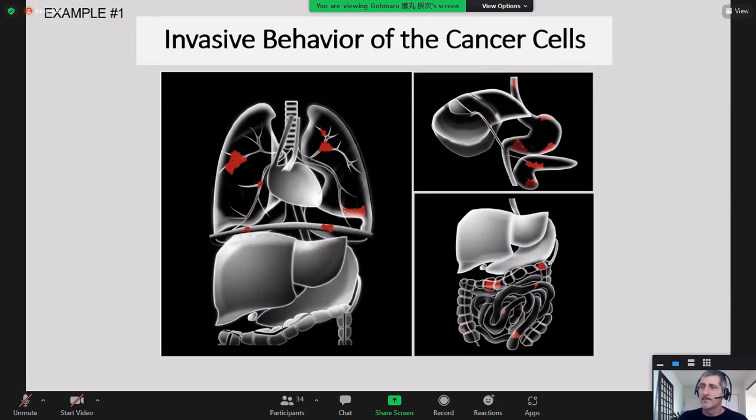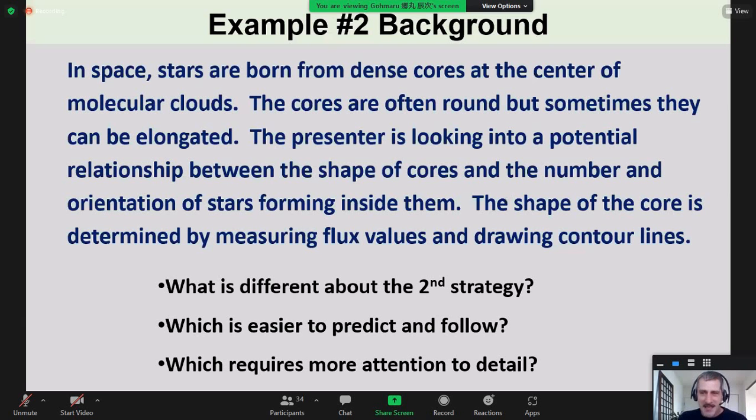Okay. And I'll show you one more example from a different field, although I think this example is probably pretty simple. In this second example, the researcher is studying the molecular clouds in space where stars are born. So they are born from dense cores at the center of molecular clouds.